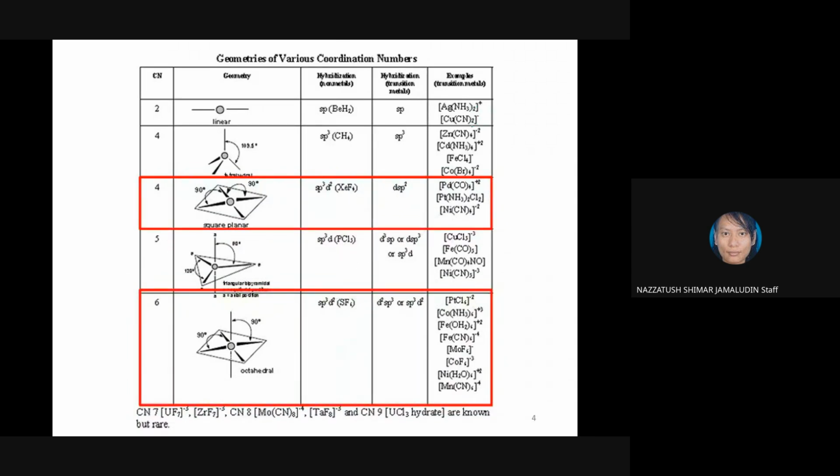Then we have dicyanocopper. Then tetracyanozinc, and tetraamminecadmium. Then tetrachloroferric, tetrabromocobaltic, and so on. From this lecture, you will be able to give nomenclature names to all these compounds, okay?